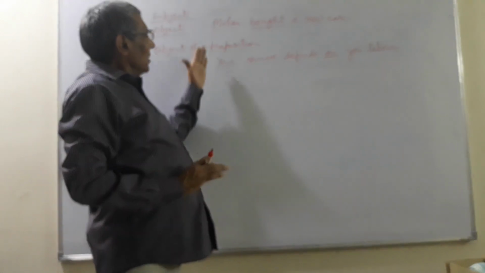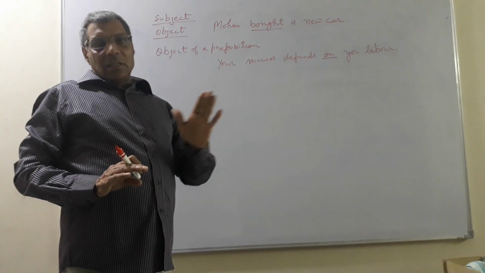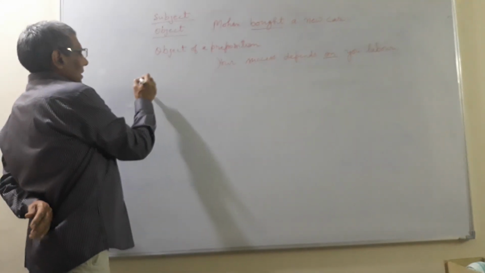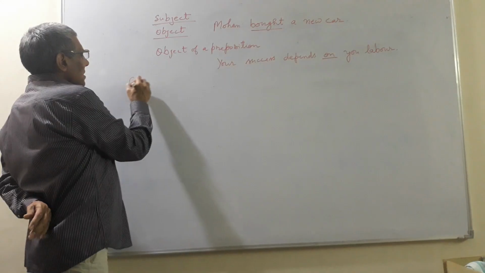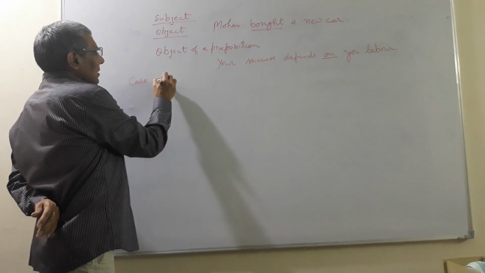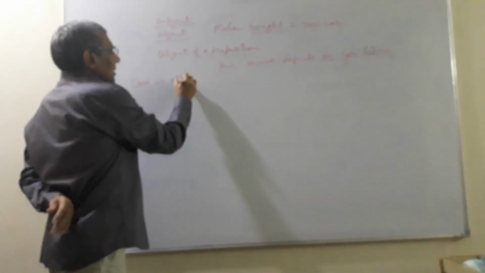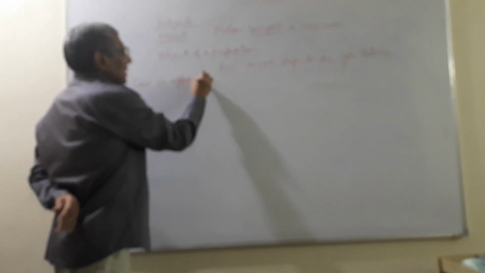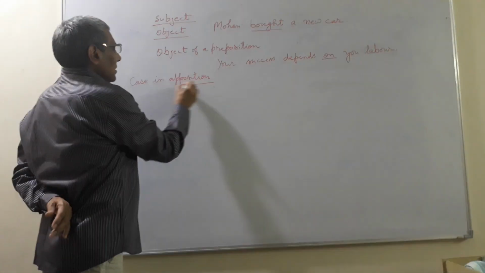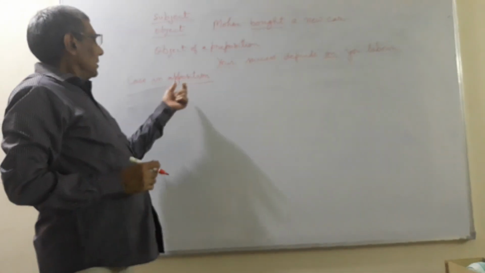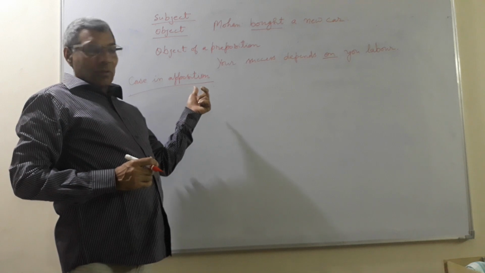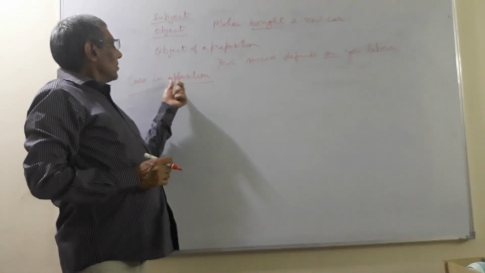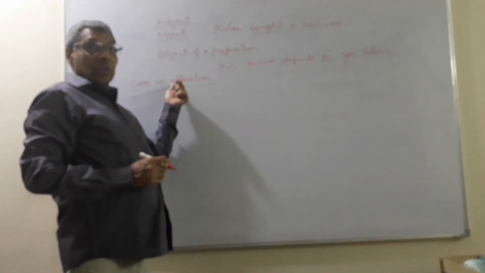So you have learned three uses, and the fourth one is it can be used as a case in apposition. Case in apposition. Please note that this word is apposition, not opposition.